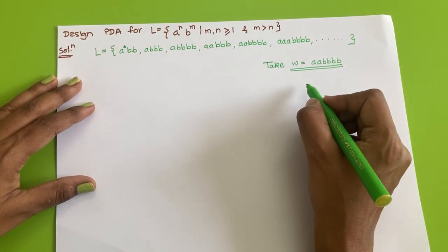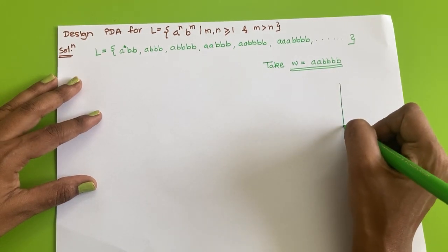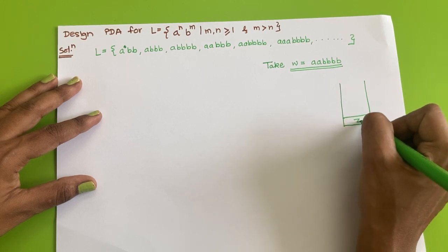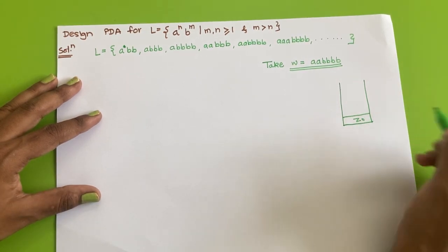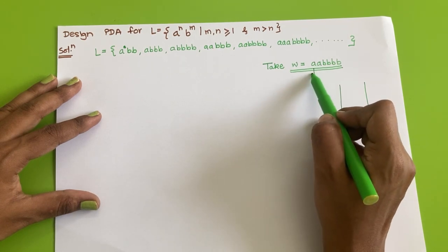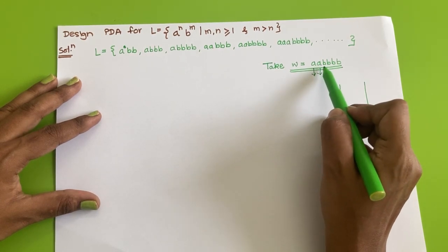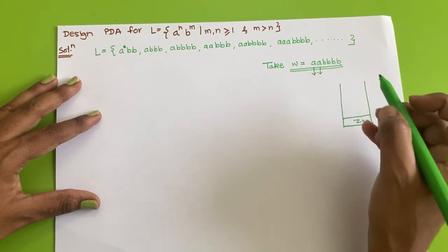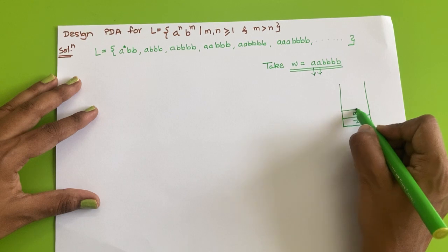So we have to check that. We will take a stack here. Initially our stack will contain only Z0 as the top. Now we will push all A's onto the stack until we get the first B. So here I'll read the first A and push it onto the stack.